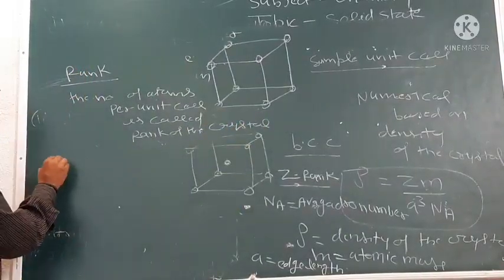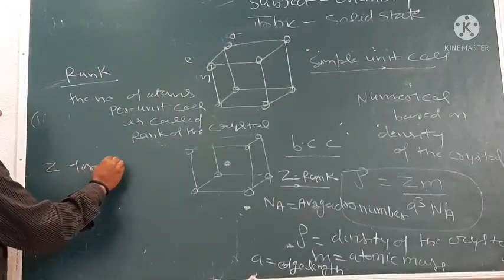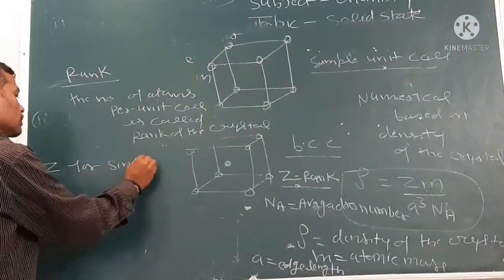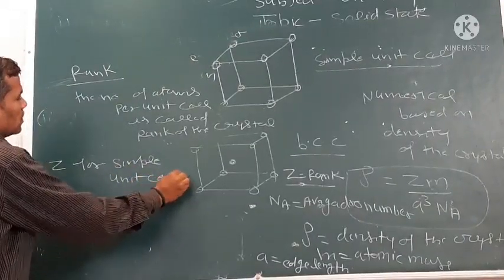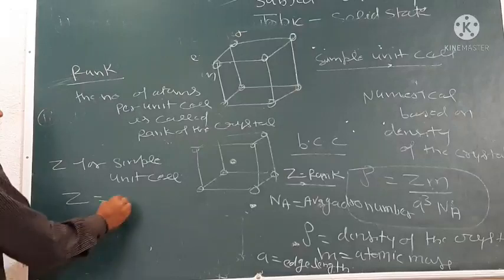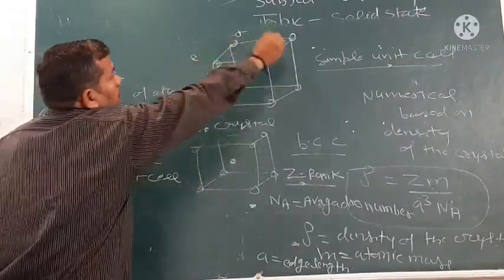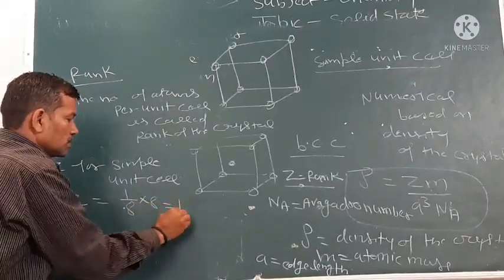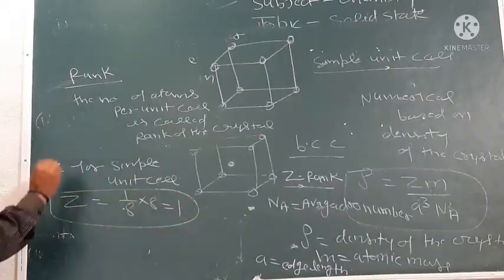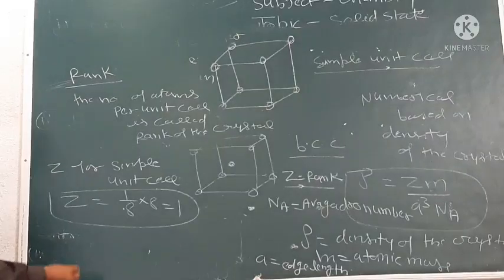Z for the simple unit cell: there are 8 atoms at the corners, so 1 by 8 into 8 means 1. It is the rank of the simple unit cell.